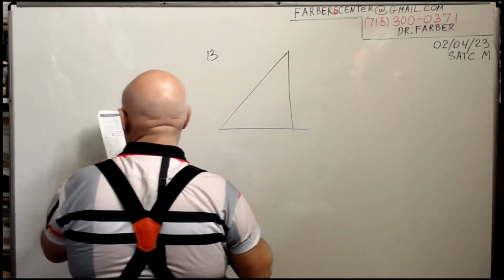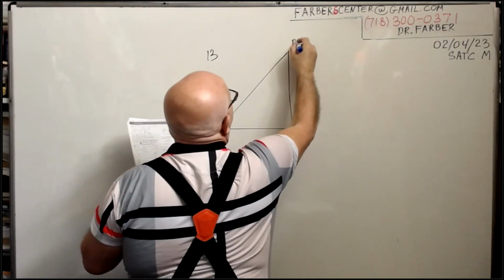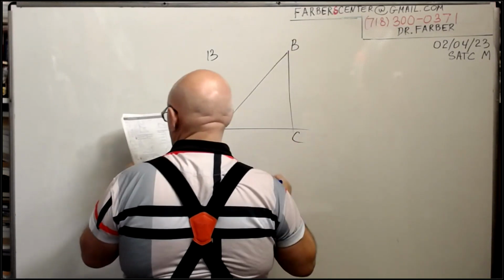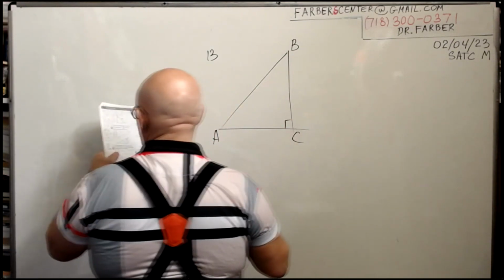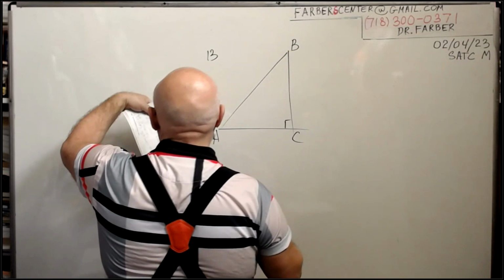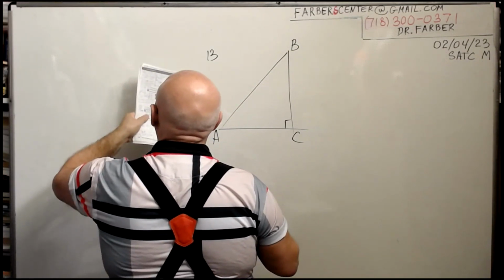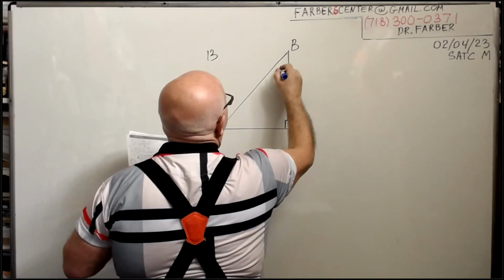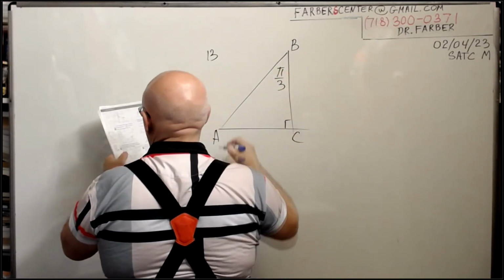Not to scale. And let's say ABC. And this right angle. This is 24. What is it, pi over 3? I believe yes, pi over 3. This is 24.